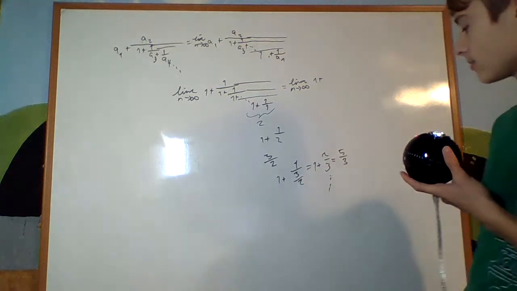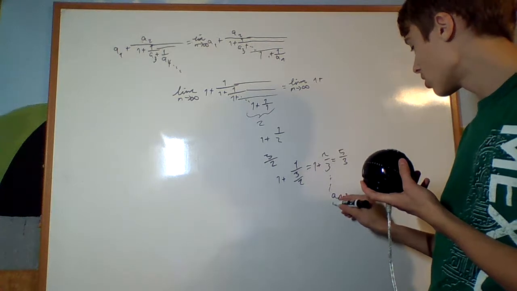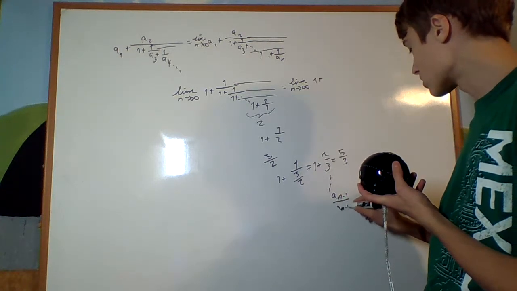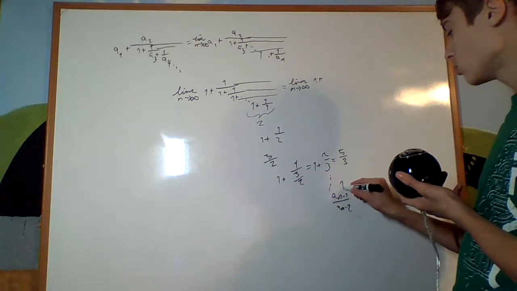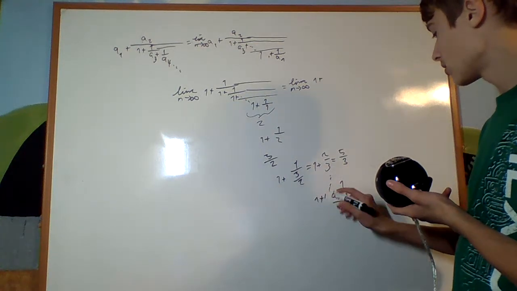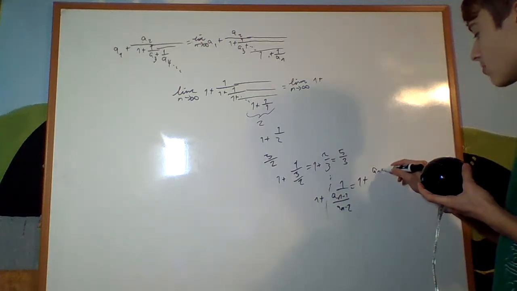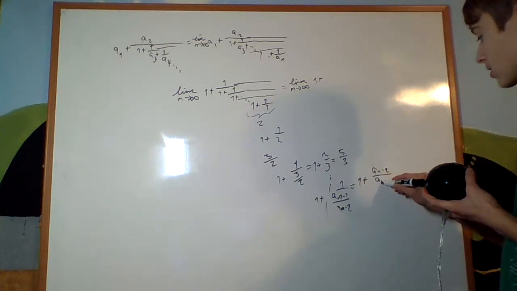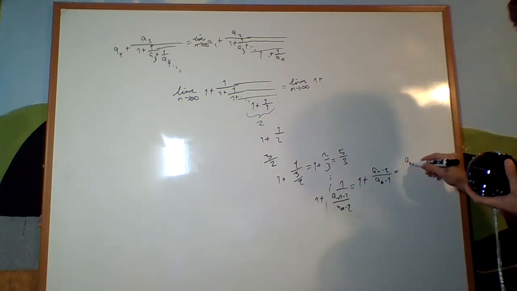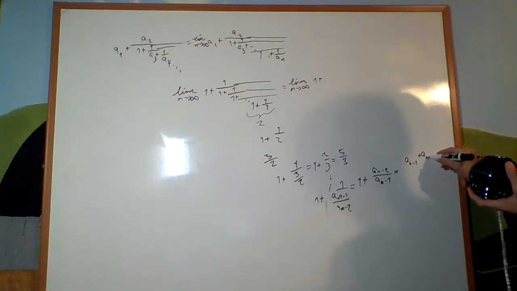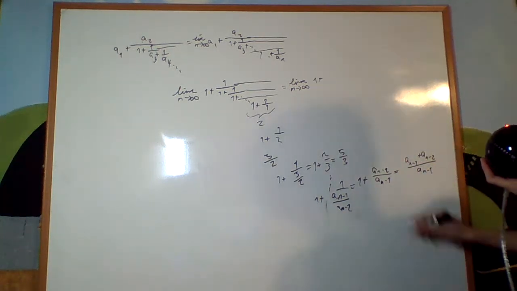Continue that down. I'm going to call it a(n-1) over a(n-2), and you'll see why. I'll get to there, and then I'll do 1 over that, and add 1. That gives me 1 plus a(n-2) over a(n-1), which gives a(n-1) plus a(n-2) over a(n-1).